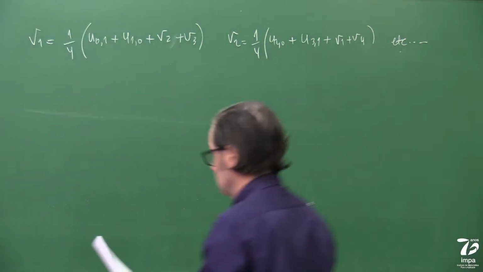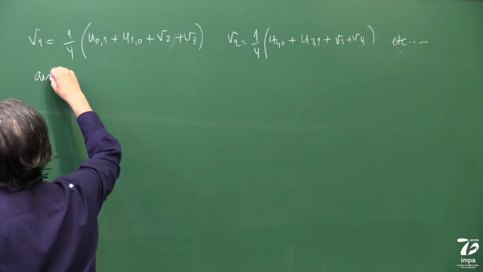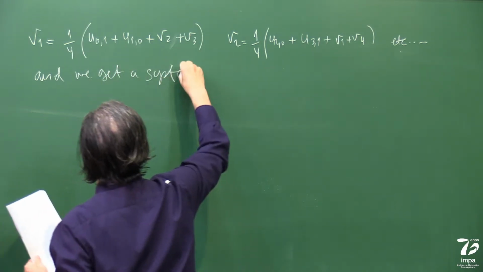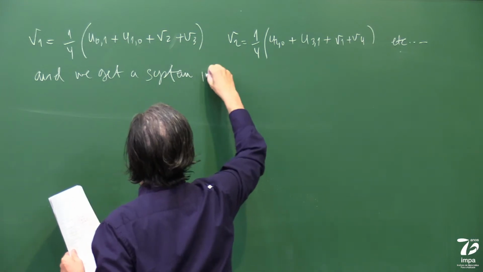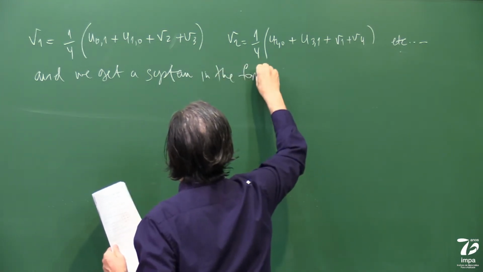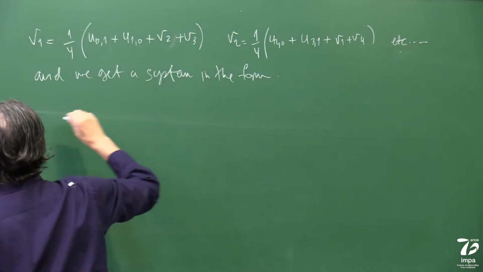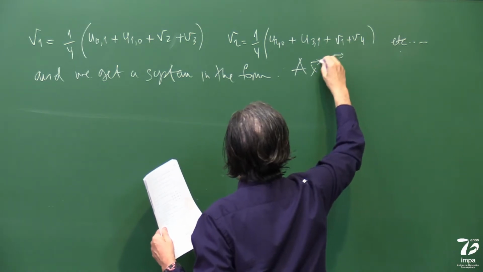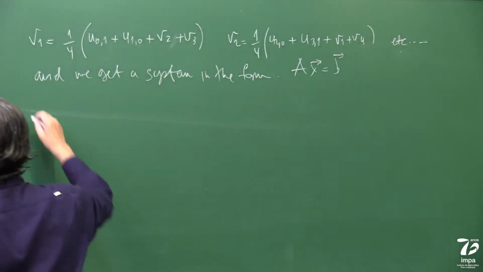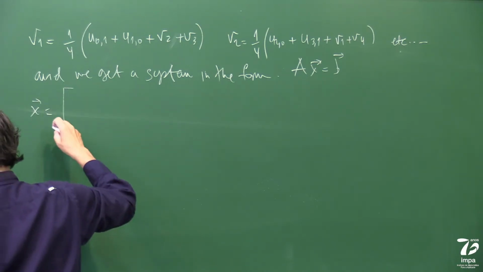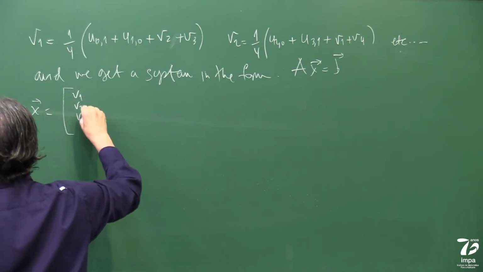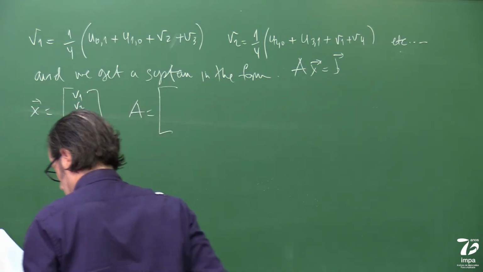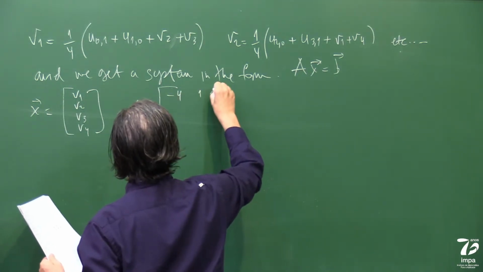Okay, and we get a system in the form AX equals B, where X for this case is just going to be V1, V2, V3, V4, and A is going to be minus 4, 1, 1, 0.